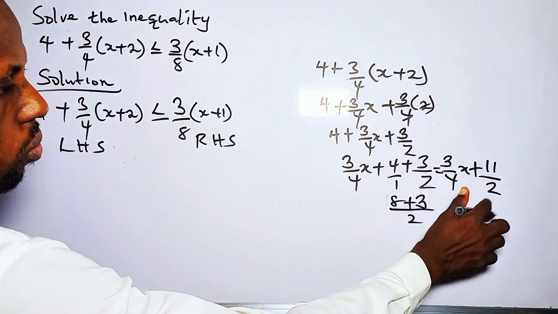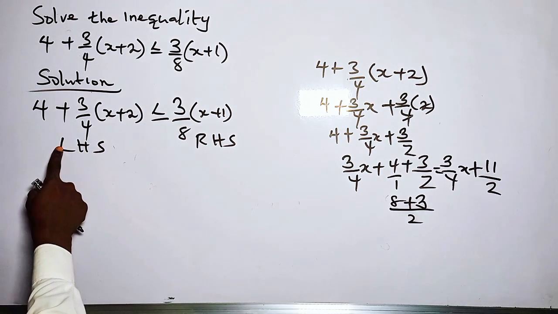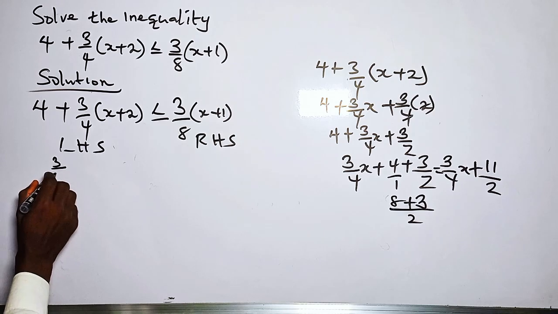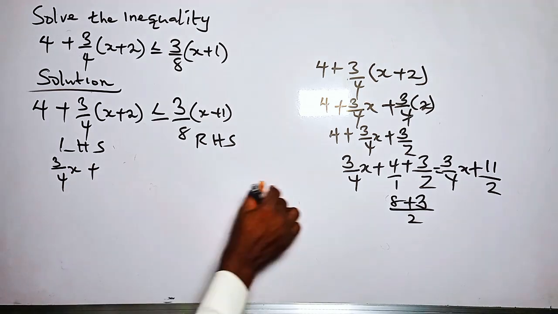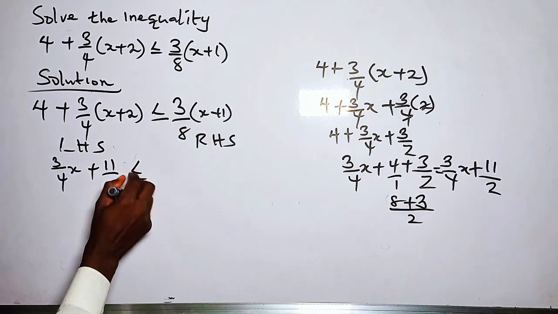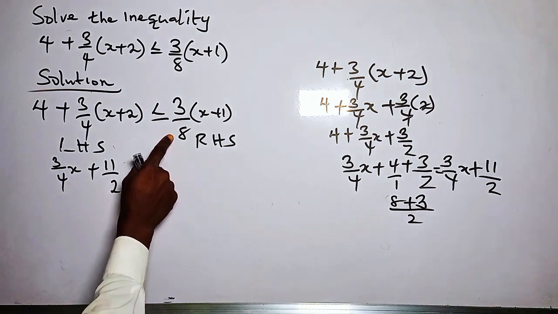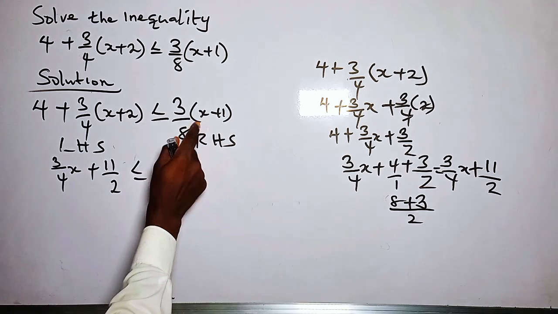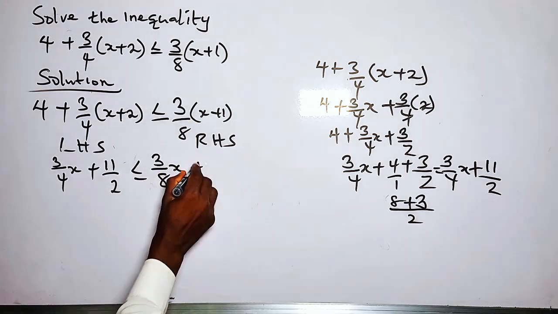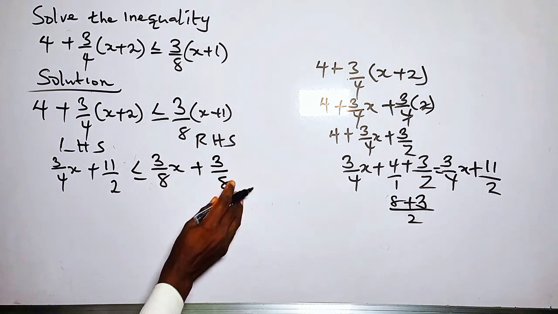So we have replaced the left-hand side with 3 over 4x plus 11 over 2, less than or equal to, and let's work with the right-hand side. 3 over 8 is multiplying x, so we have 3 over 8x, plus 3 over 8 multiplying 1, which is 3 over 8.